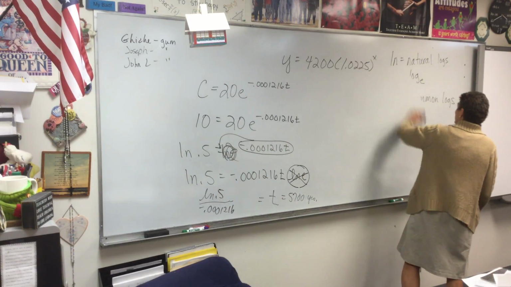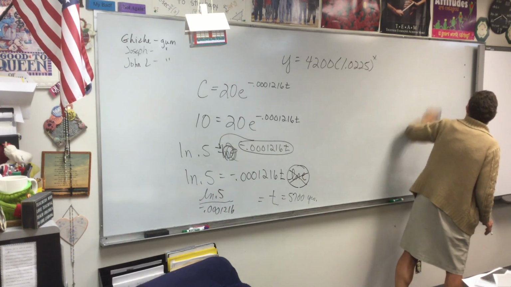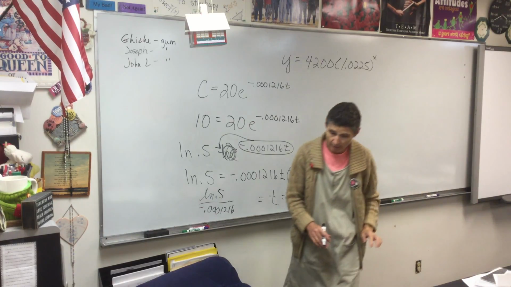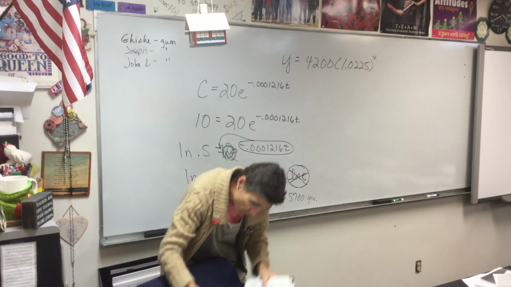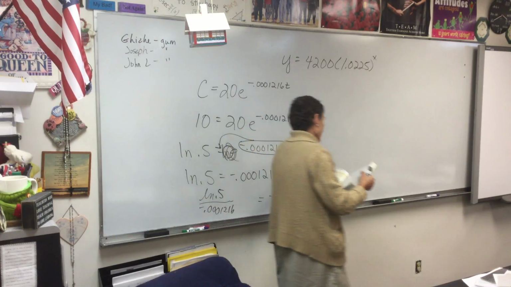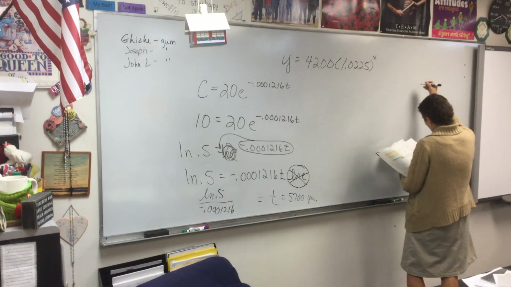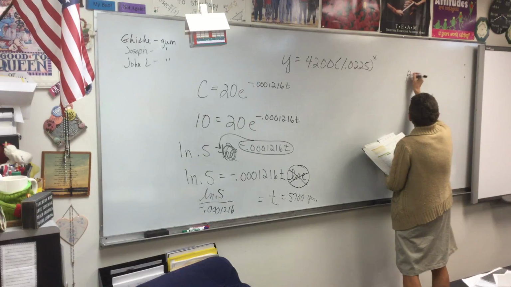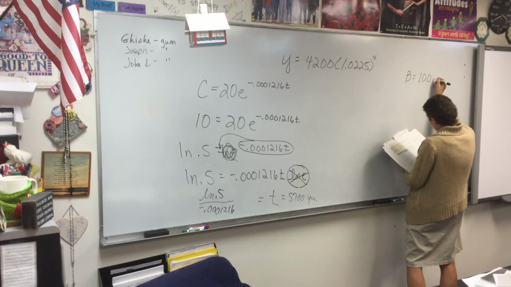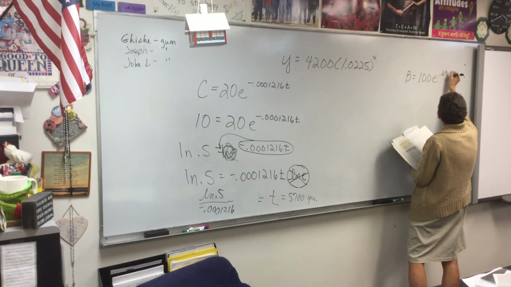Okay, let's try one more of these examples, and then we've got some other work we need to do. Let's try number 39, and then JA, I'm going to get your question, okay? So we're going to do number 39. It's another one with an e, but they give me the formula, so I don't have to worry about that.